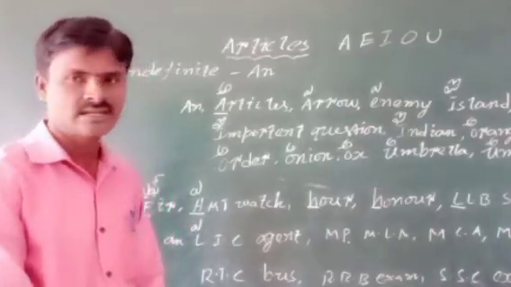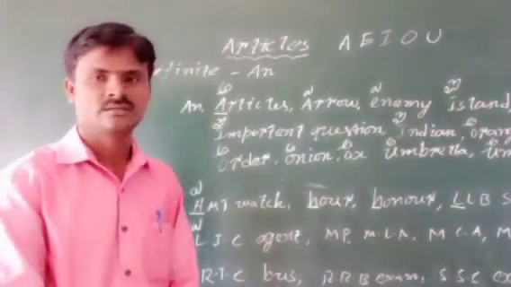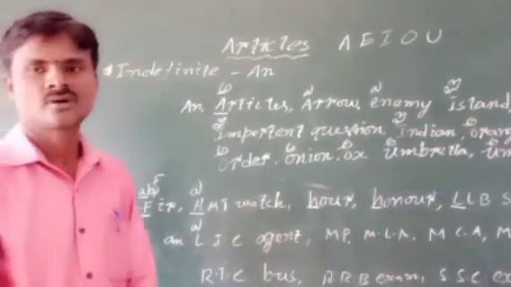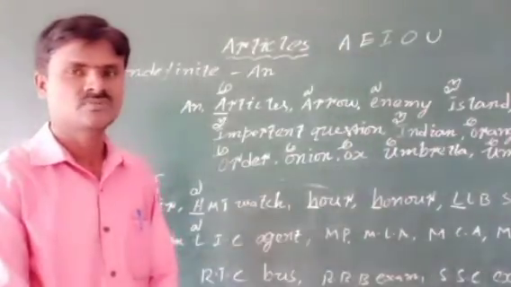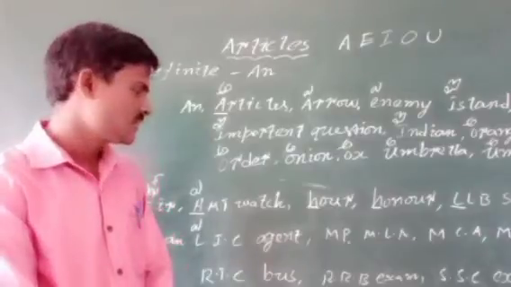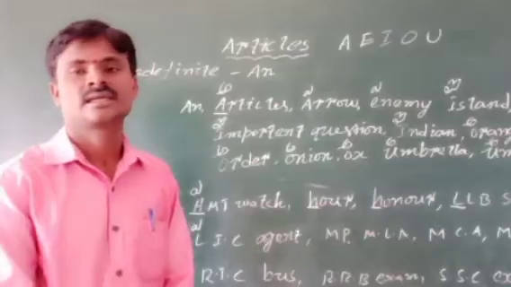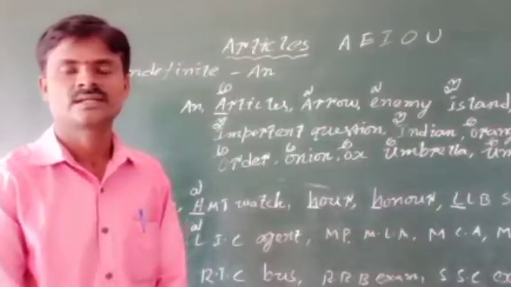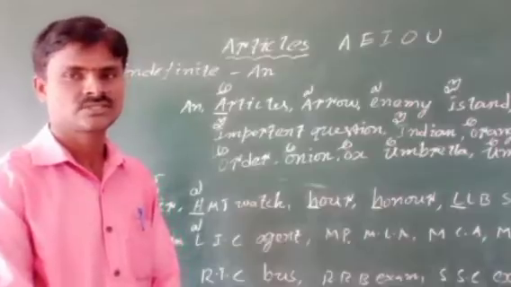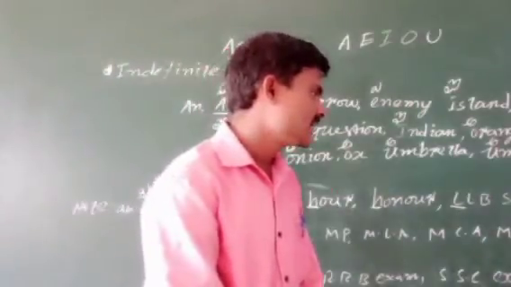If there is no candidate, you have to use the MP, the MLA, Member of Legislative Assembly, Member of Parliament. Before abbreviations you must use "the", unless MP or MLA is followed by candidate. If you find candidate, you have to write an MP and an MLA. Children, please remember this.